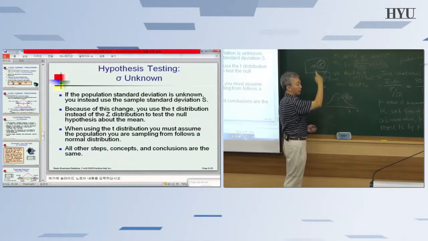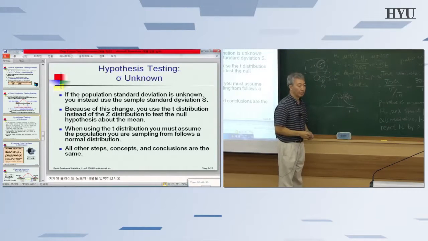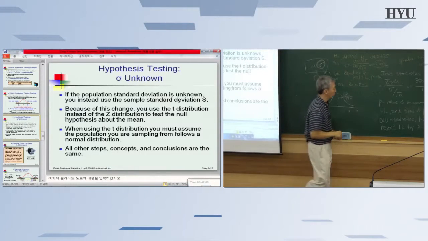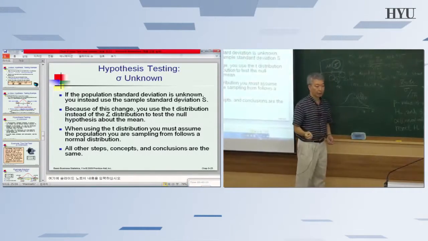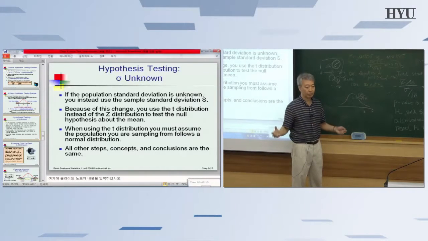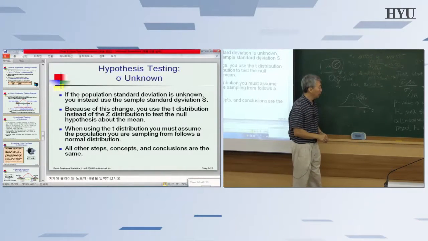We have so many light bulbs in here. Suppose you produced 100,000 light bulbs today, and you selected, say, a sample size of 64. So you selected 64 light bulbs out of 100,000 and measured how long they last.